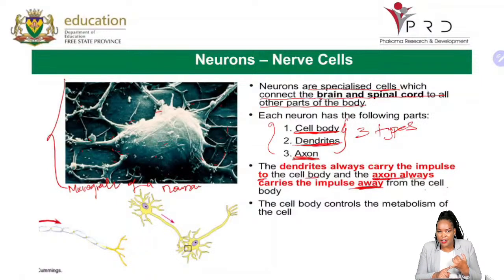We must look at the dendrites transmit impulses to the cell body, but the axon, because it starts with an A, it transmits impulses away from the cell body. So both of them, they are interacting with the cell body. Then the cell body controls the metabolism of the cell. Right.